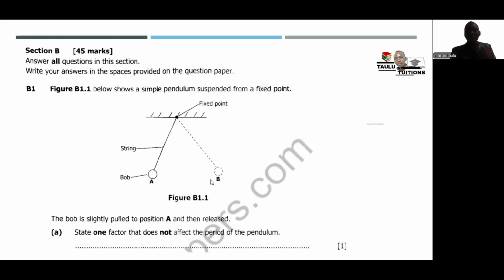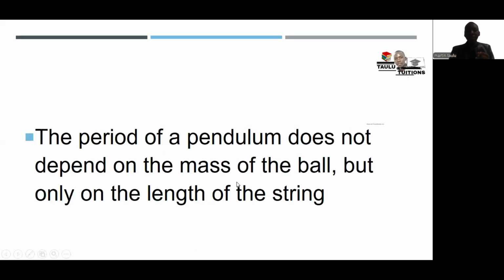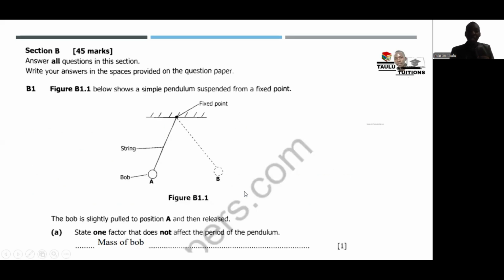However, the period of the pendulum is not affected by the mass of the bulb, and that is our answer. The period of a pendulum does not depend on the mass of the bulb, but only on the length of the string. So the answer for our first question is the mass of the bulb.